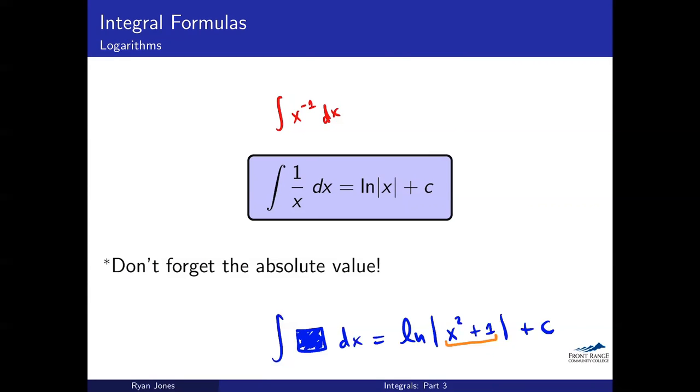You could just write parentheses, but it's not wrong to write absolute values. So I always emphasize, put the absolute value there. Just always put it in. You're never going to be wrong having it, but you could be wrong if you write parentheses instead. So put the absolute value there. The integral of 1 over x is ln of the absolute value of x.